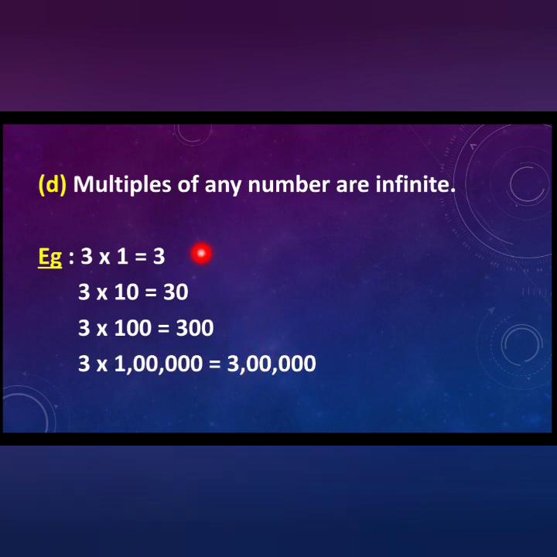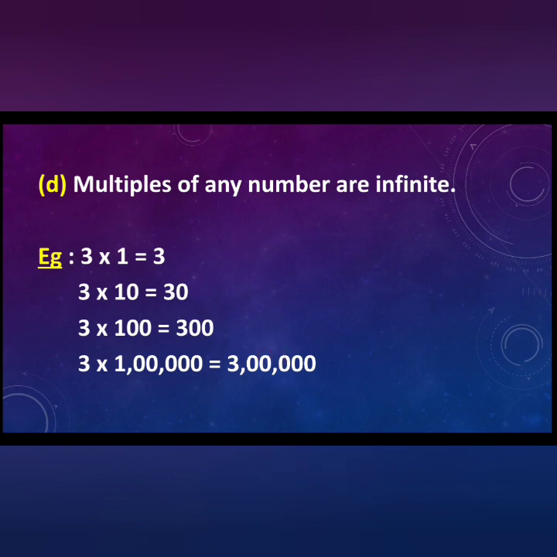Numerous multiples of 3, and not only 3, for all the numbers, right? So it is not finite, that means it is limitless, right? So what does it mean? That if we have to find multiples of any number, then we get an infinite number of multiples.